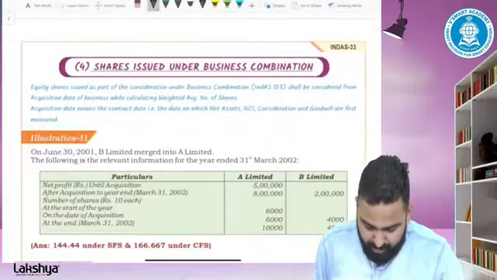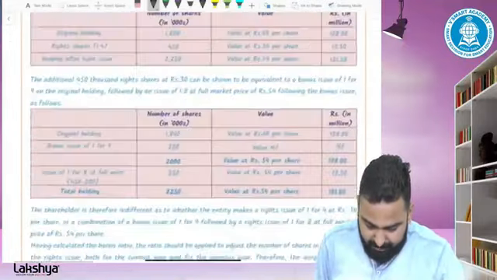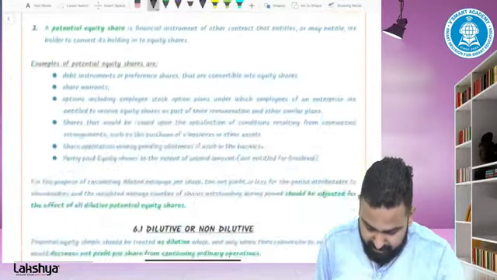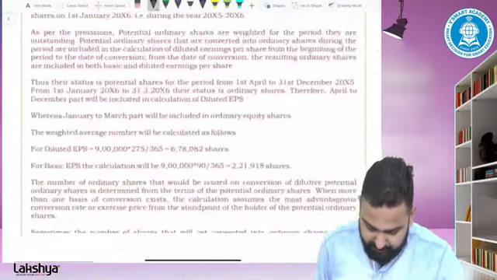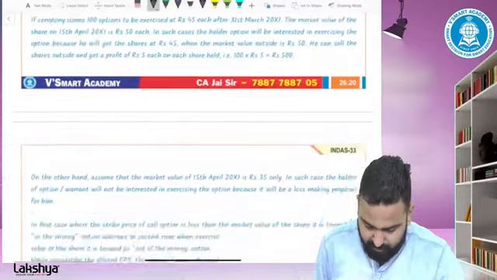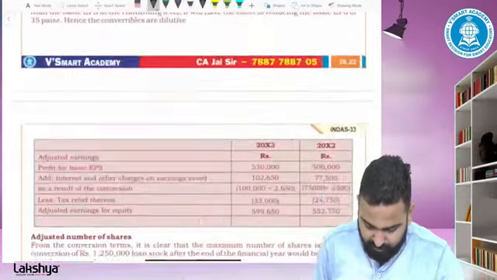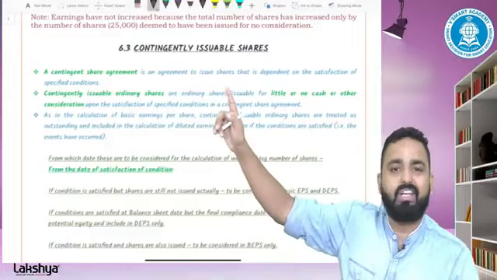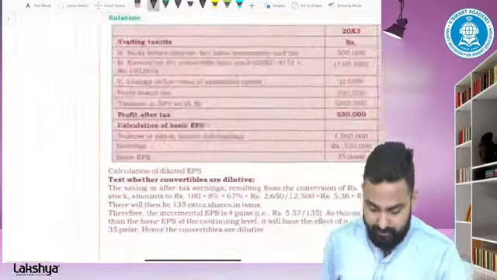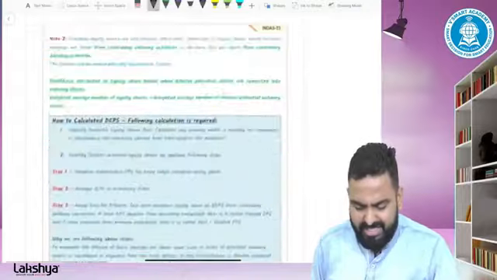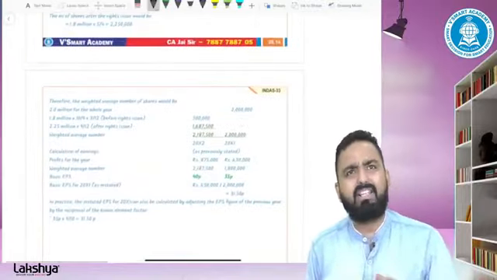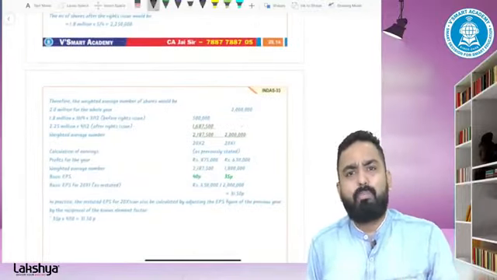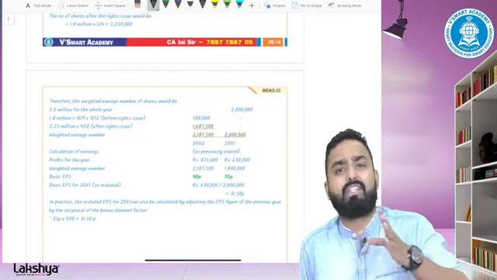Let me check one second. Contingently issuable shares are basically shares issued based on fulfillment of conditions.